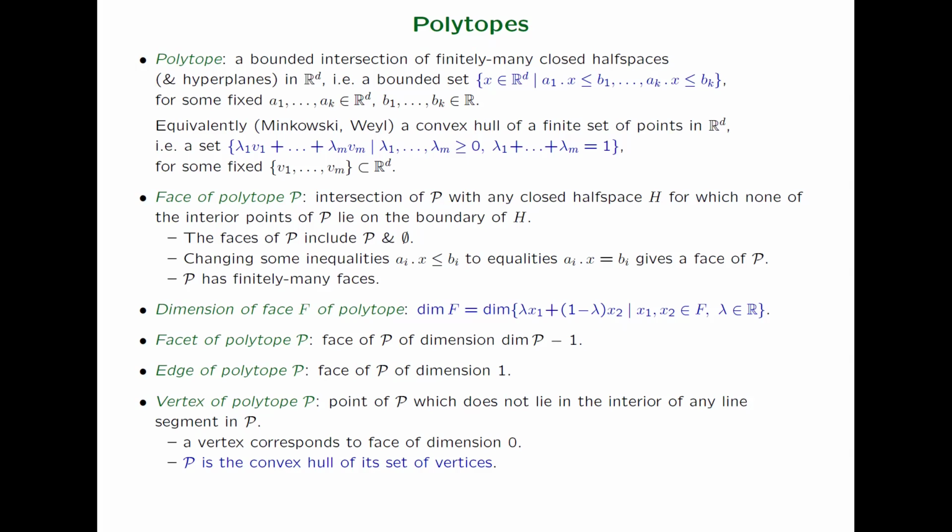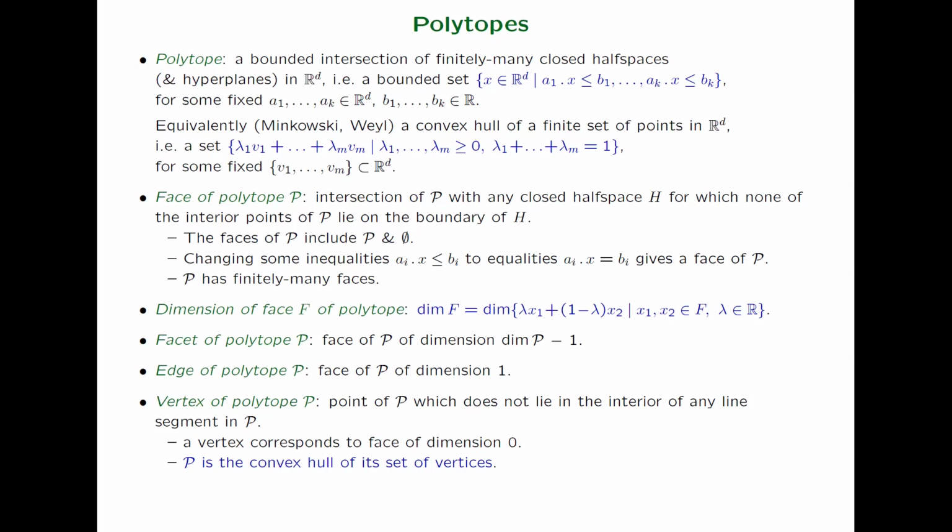The reason I say that you can have hyperplanes in there is because if you've got two linear inequalities, a dot x less than or equal to b and a dot x greater than or equal to b, then the intersection of those is actually just the hyperplane, which bounds both of them.